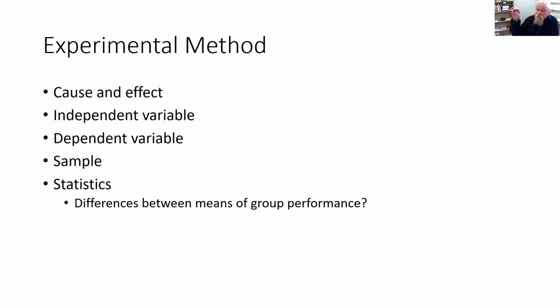You probably heard some of these words in past science courses or in your introduction to psychology course. An independent variable is something that the researcher manipulates. So I could randomly place some people in one group and some people in a second group, and then I could measure their behavior.